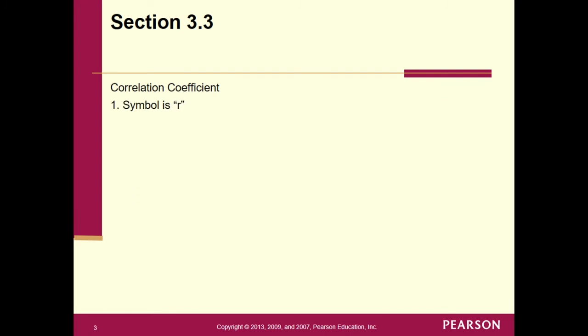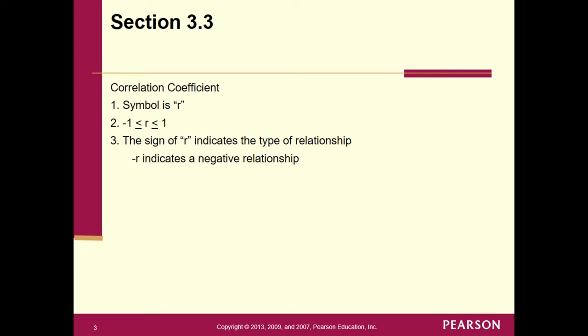The symbol is R, and the values that R can take on are from -1 to +1. Let's go through what that means. I can't stress this enough: the sign of R indicates the type of relationship, not how strong it is. A negative doesn't mean anything bad.